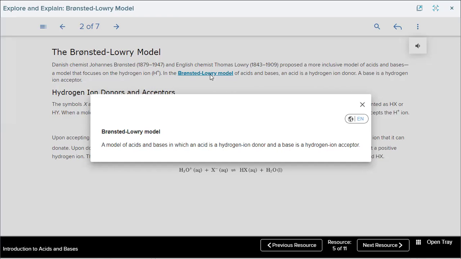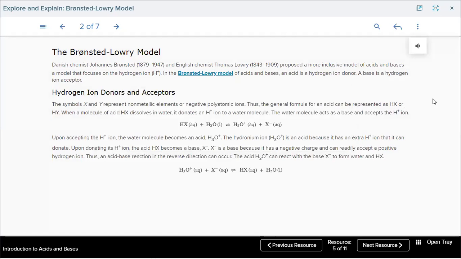So what's meant by the Bronsted-Lowry model? A model of acids and bases in which acid is a hydrogen ion donor and base is a hydrogen ion acceptor. Right. Any problem till now, Mariam? No. So in this way, it's as simple as HX generally, HX as HCl plus H2O.